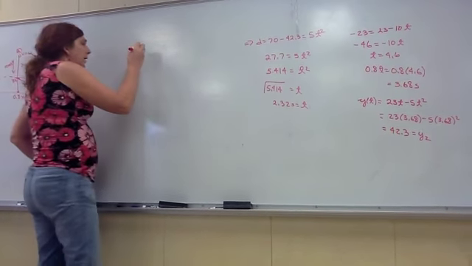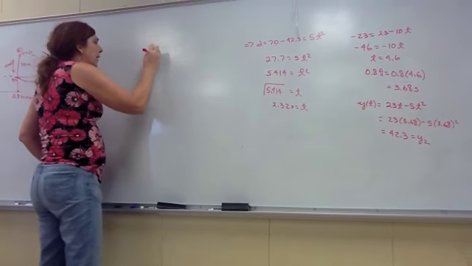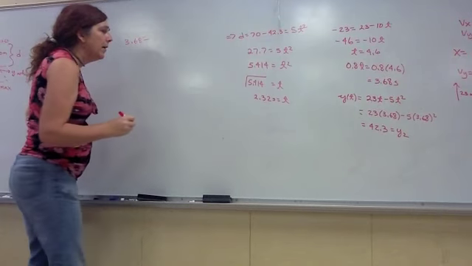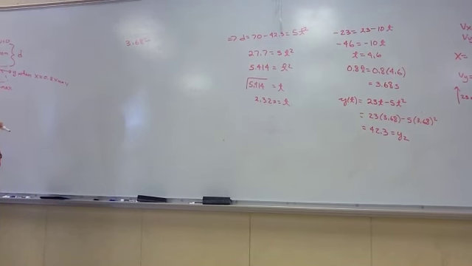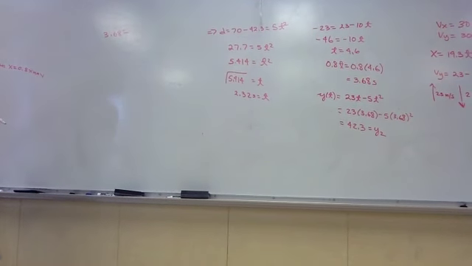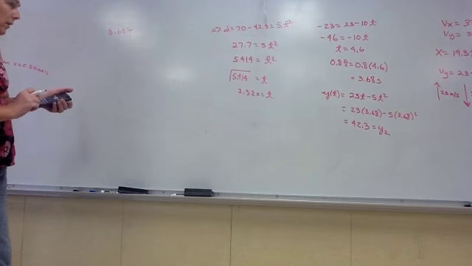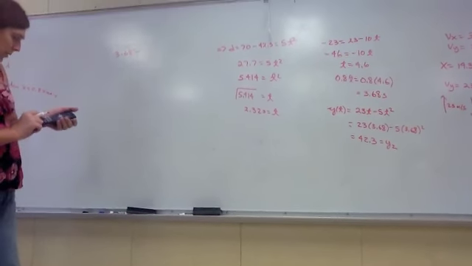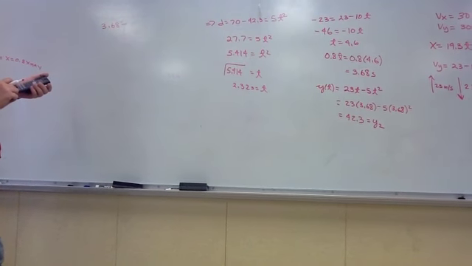Okay, so if we take that 3.68, I'm sorry, 42.3 is actually 16.9. Because 23 times 3.68 is 84.64, and then 3.68 squared is 13.54.